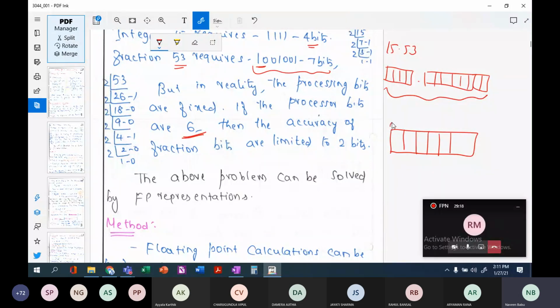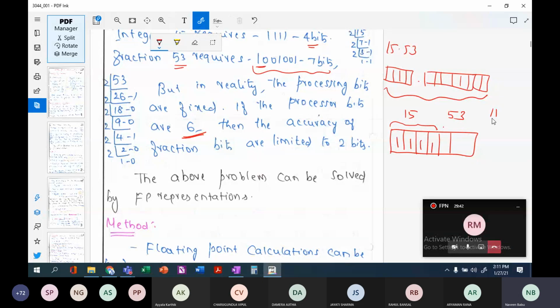So this 4 bits will be representing 15, corresponding to 1, 1, 1, 1. And the 2 bits have to represent 53. But since we are having only 2 bits, what is the maximum that is possible? Maximum that is possible is 1, 1. So I cannot represent 53 obviously.